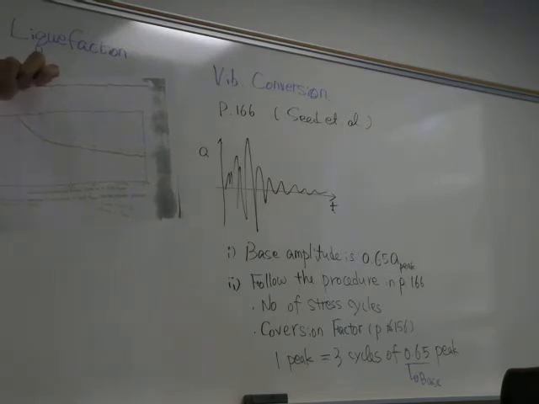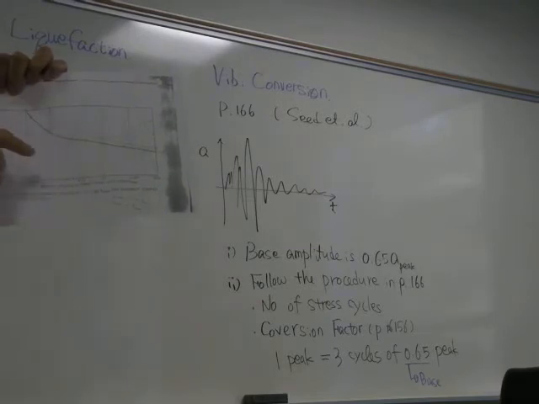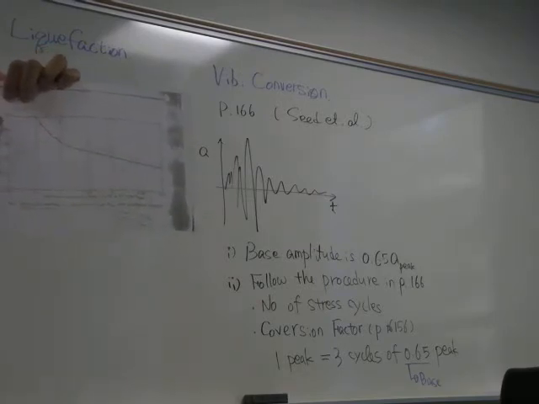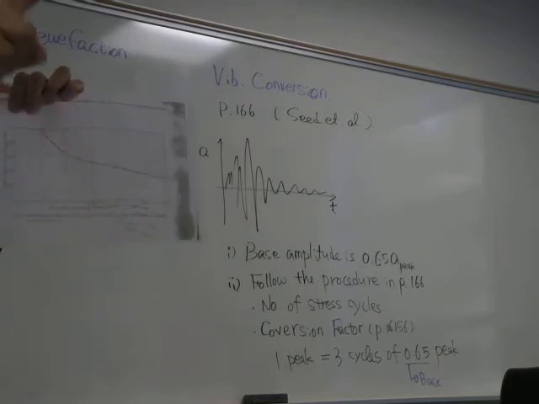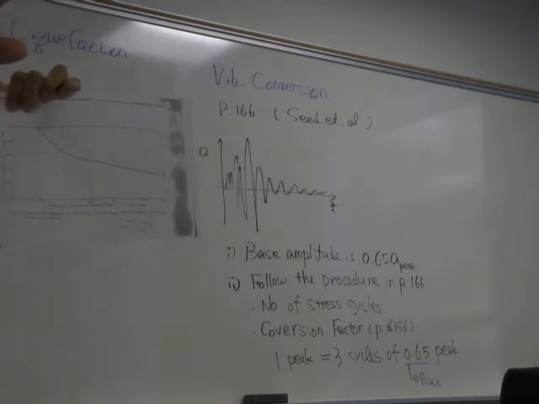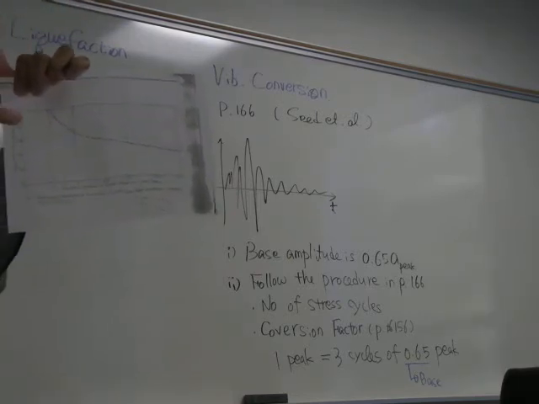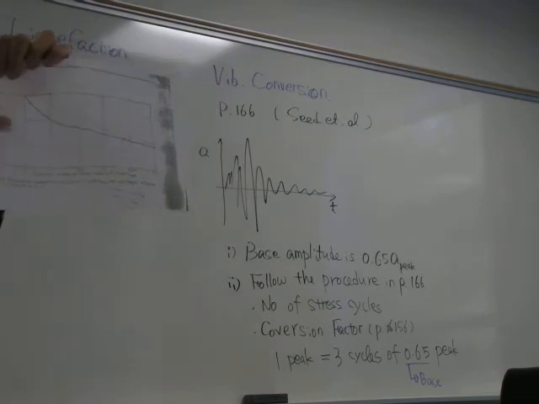Okay. So 0.65 is the base one. So one cycle, and go to the peak one in here. Peak one is on the x-axis. What's the number of cycles? 3. Okay. One peak vibration is equal to 3 cycles for 0.65 times the peak acceleration.